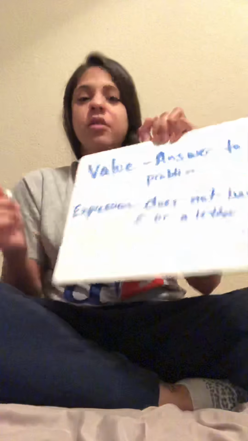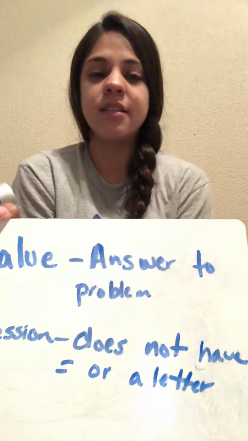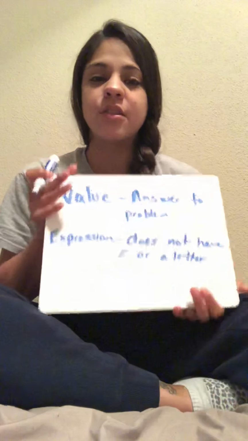Also, you should remember that an expression does not have an equal sign or a letter. The ones that do have an equal sign and a letter, those are equations.